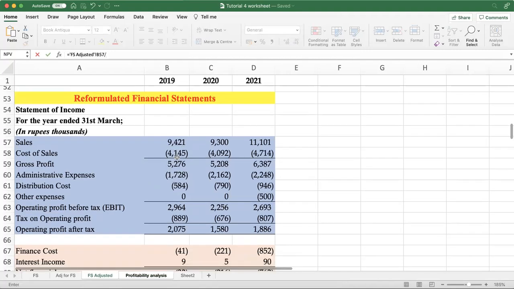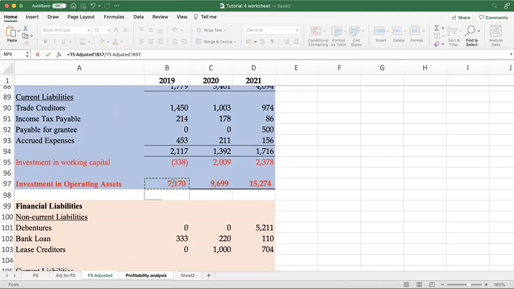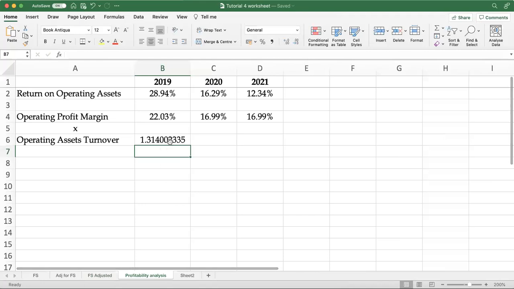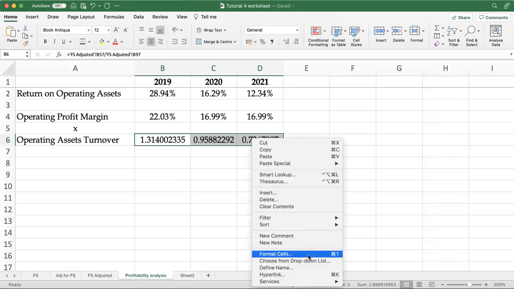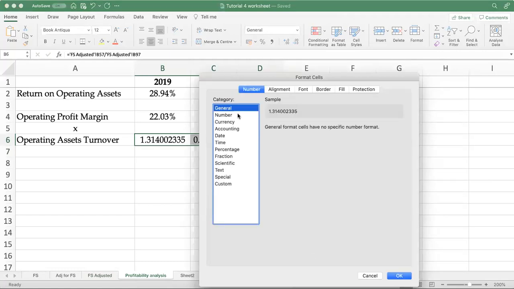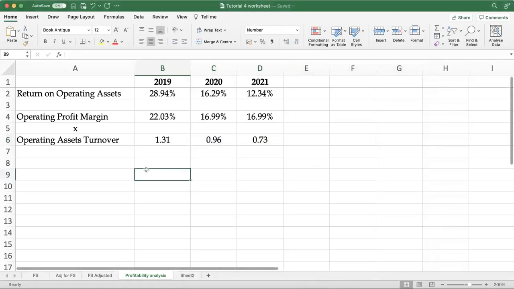Sales divided by investment in operating assets. This is not a percentage. This is a number of times, a number, not a percentage.